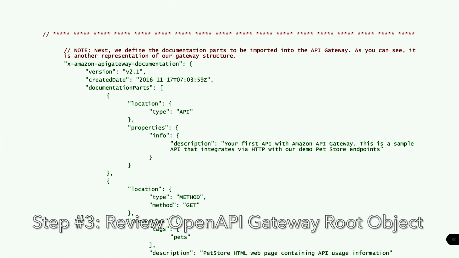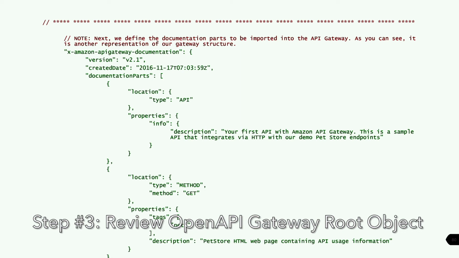Okay, now the last part. This is the one that I had the most trouble trying to explain. There is a lot going on here. And so this defines the documentation parts to be imported into our API gateway. As you can see, it's another representation of our gateway structure. And so let's take a look here.